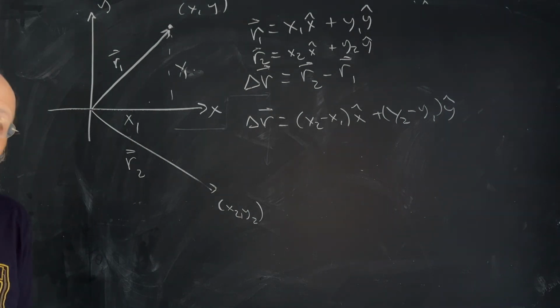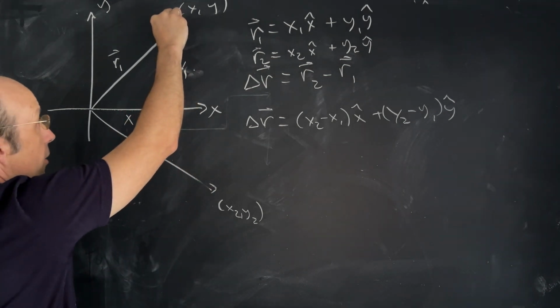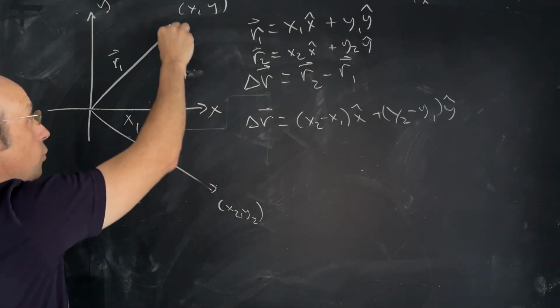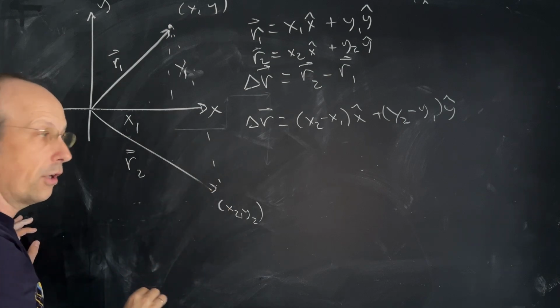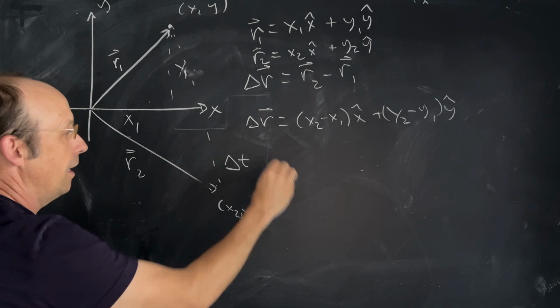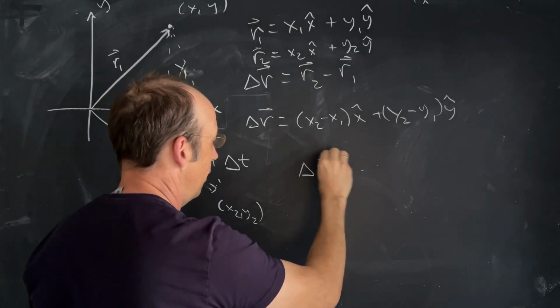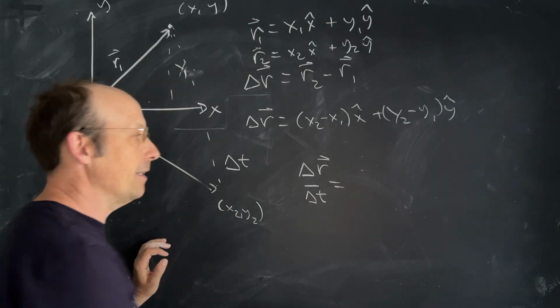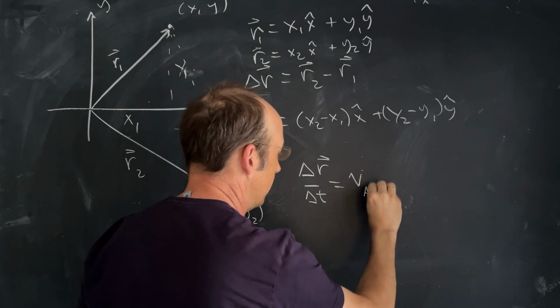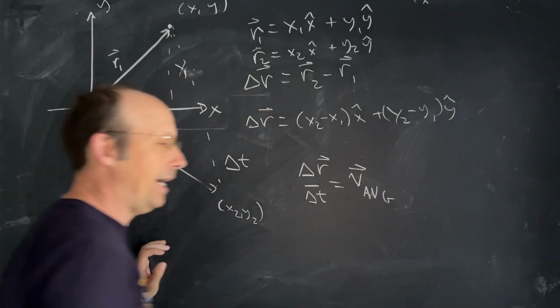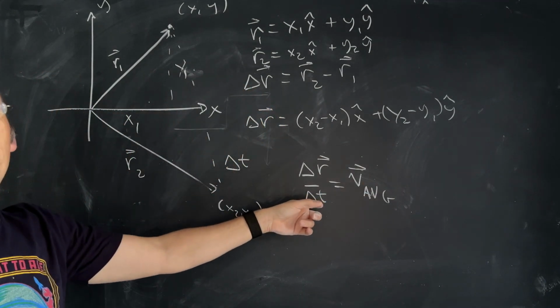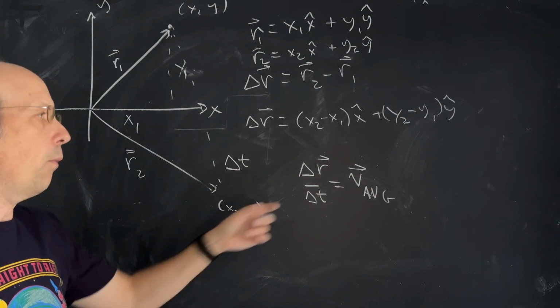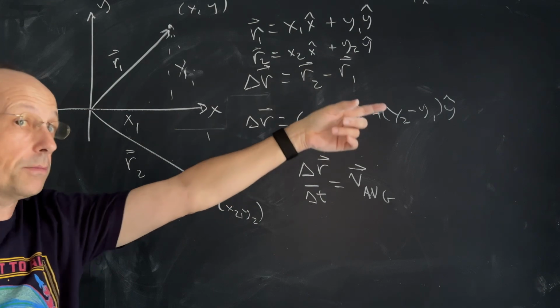Why do I care about finding the displacement? Because if it goes from here to here in a certain time interval delta t, I can say delta r over delta t is equal to, what do you think that is? That is the average velocity. But it's a vector. If I multiply a vector by a number, I multiply each of its components by that number.